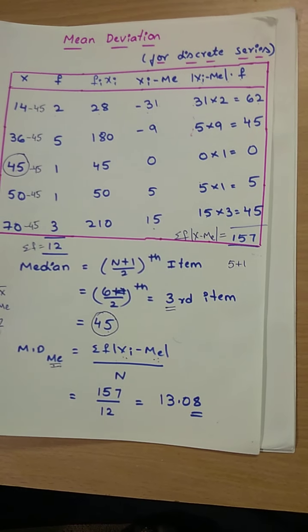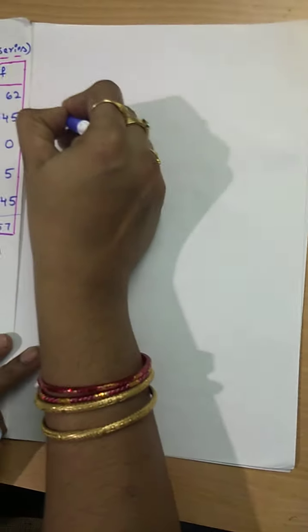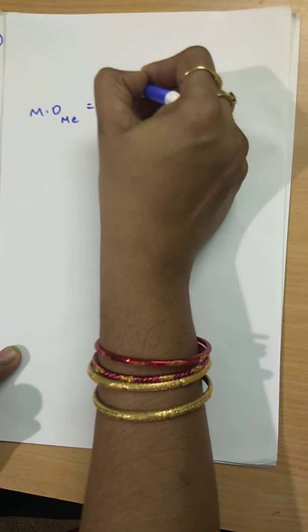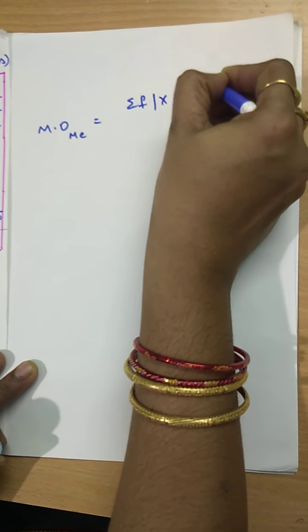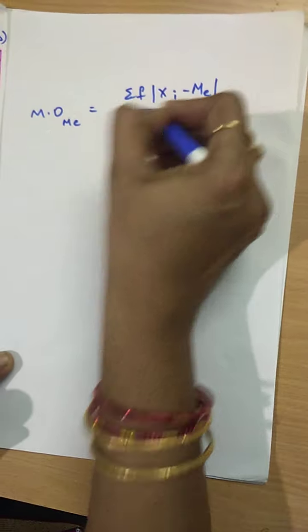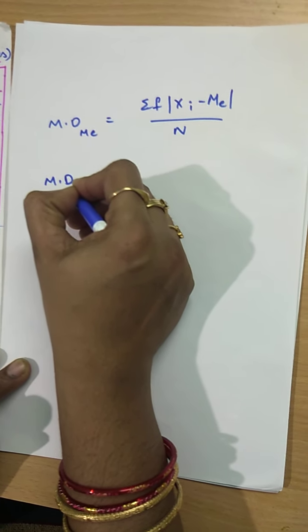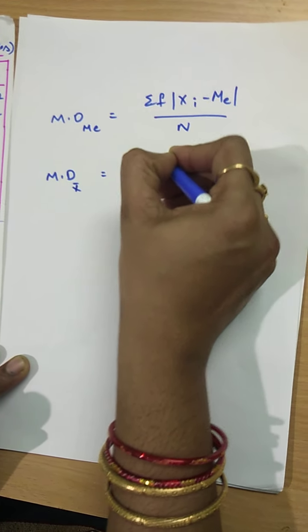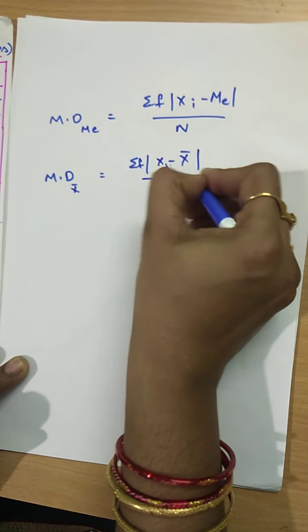I am finding the mean deviation by using the median. Mean deviation about median: what is the formula? Summation of f into modulus of xi minus M, divided by n. If we are finding the mean deviation about the mean, x bar equals summation of f into modulus of xi minus x bar, divided by n.